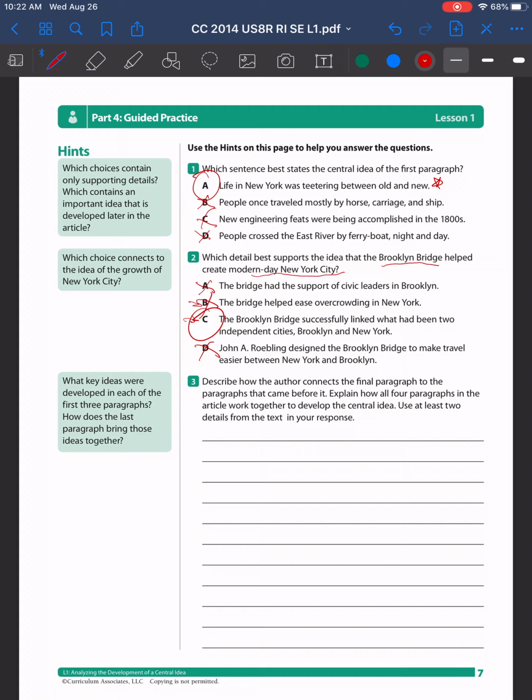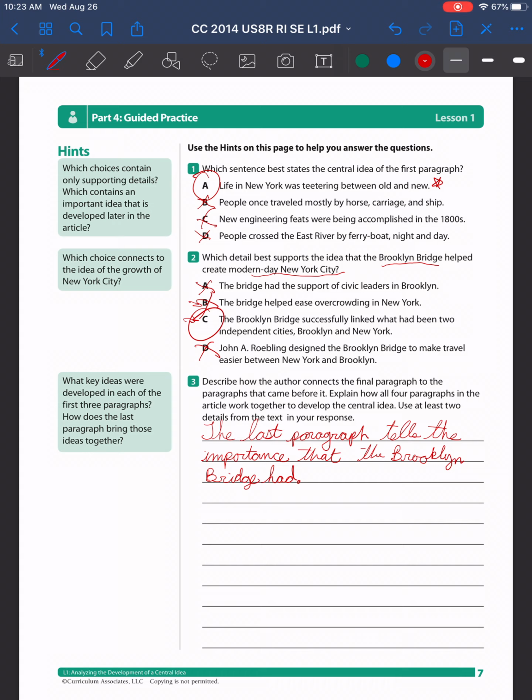So I'm going to say the final paragraph, or the last, tells the significance or importance that the Brooklyn Bridge had. Period.